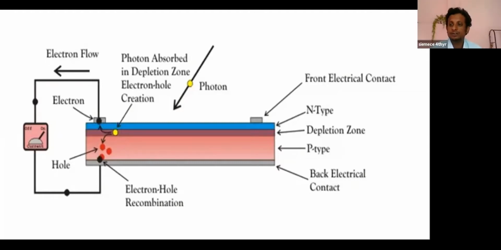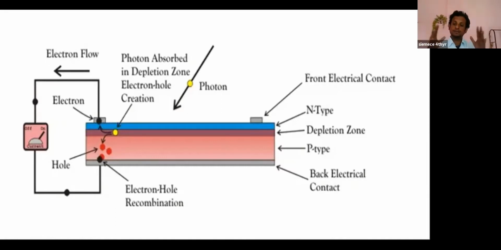As the concentration of electrons becomes higher on one side, the N-type side of the junction, and the concentration of holes becomes higher on the other side, the P-type side of the junction, the PN junction behaves like a small battery cell.